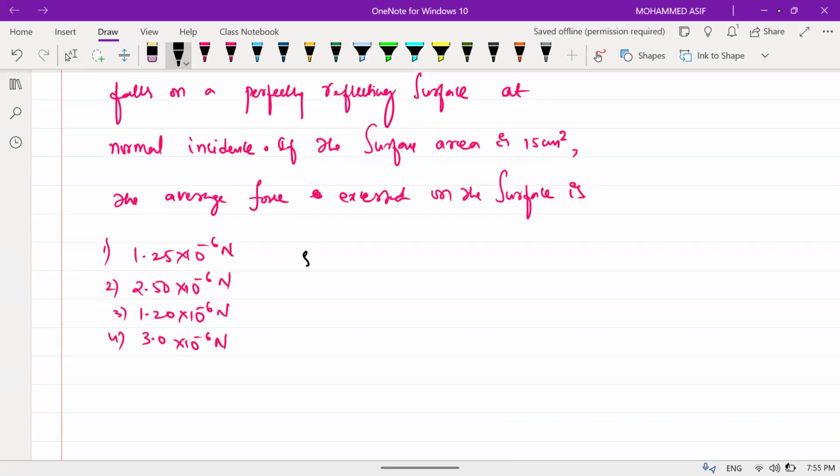Reflecting surface means P is equal to 2I divided by C, pressure in terms of intensity. So it is 2 into intensity, 25 into 10 to the power of 4, divided by speed of light, 3 into 10 to the power of 8. So this 4 and this will get cancelled. So here it will be 4, so P will be equal to 25 to the 50.